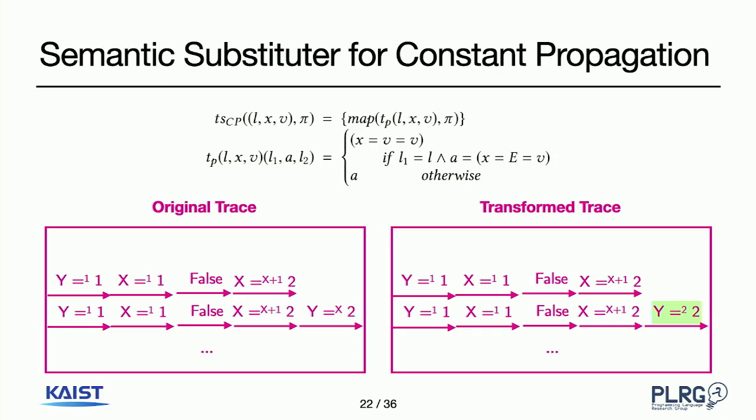So when the original trace has an action with some unknown expression, it replaces the expression with the constant expression. In constant propagation, the semantic substitution only changes the action of the matched label, but for more complicated transformations, the semantic substitutor can also delete or insert new actions in the trace.